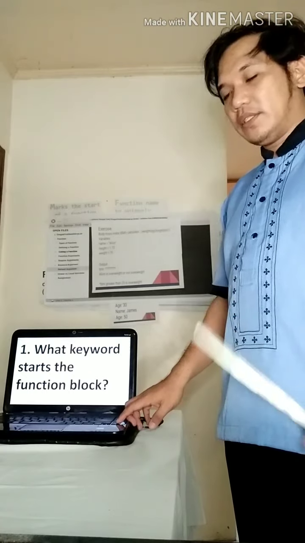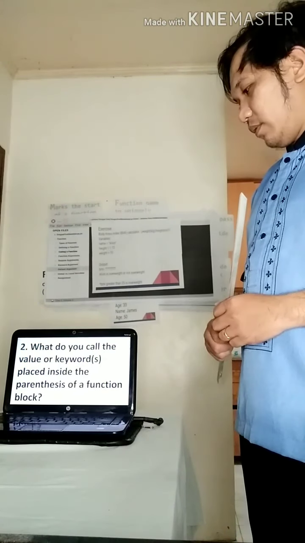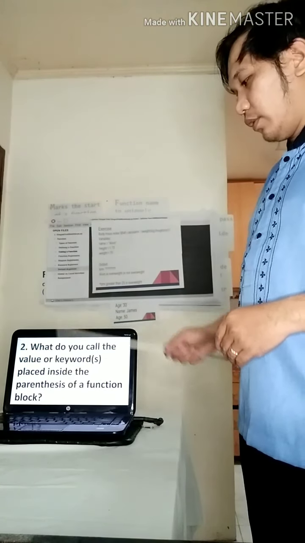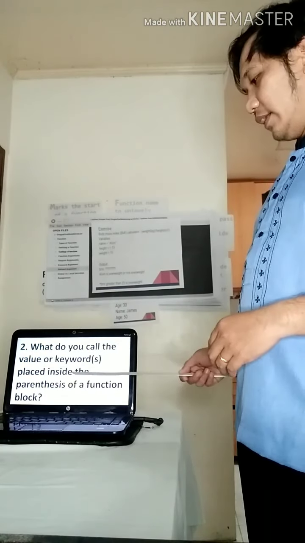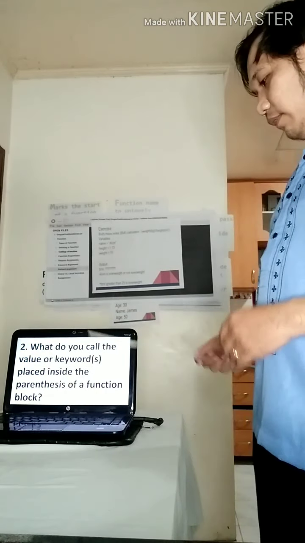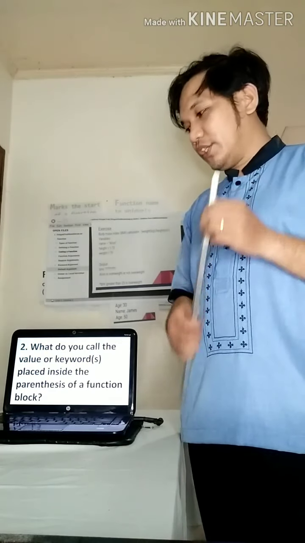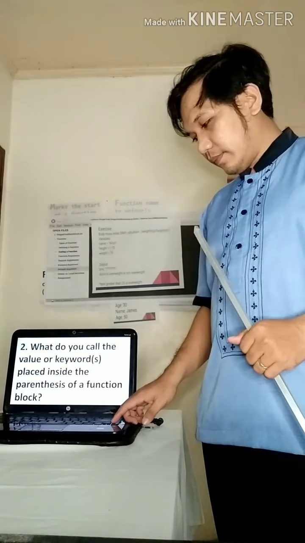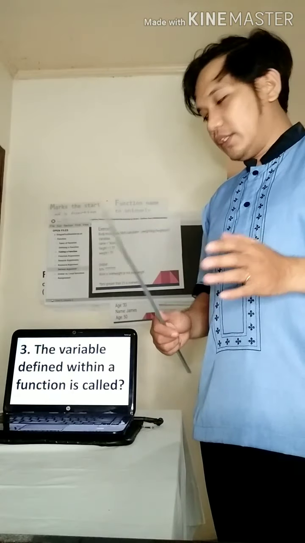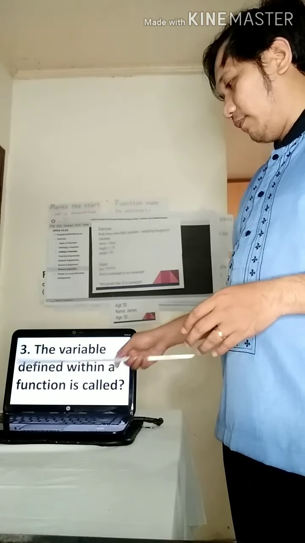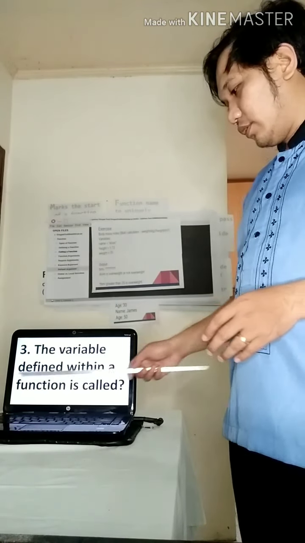Question number 2 is, what do you call a value or keywords placed inside the parentheses of a function block? Third question is, what is a variable defined within a function called?